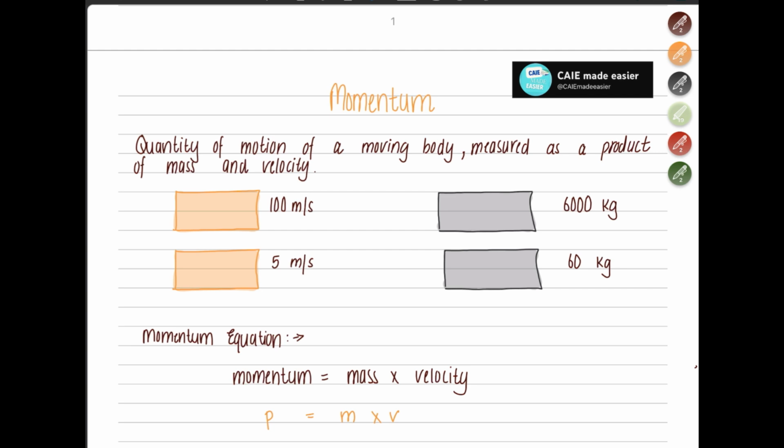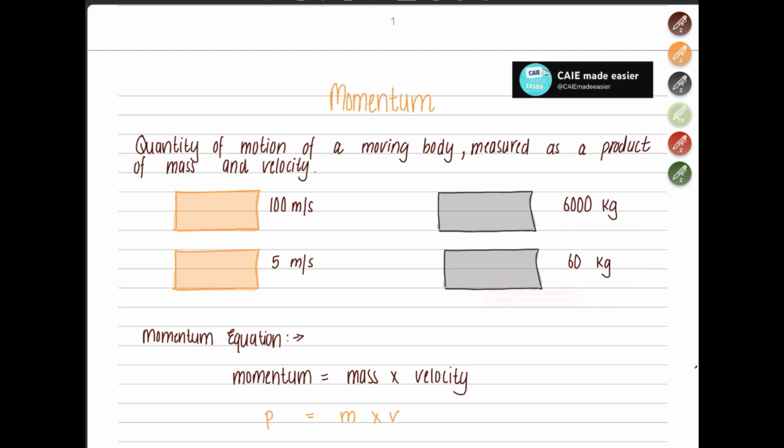But does this just depend on speed? Actually, no, it also depends on the mass. Let's say there are two trucks or two objects. One of them has the mass of 6,000 kg and the other one has 60 kg. Both of them are moving at, let's say, 100 meter per second. Which one can we stop easily? Of course, it's going to be 60 kg. Because of that, this means that 60 kg has less momentum.